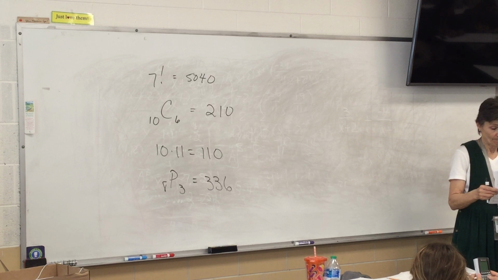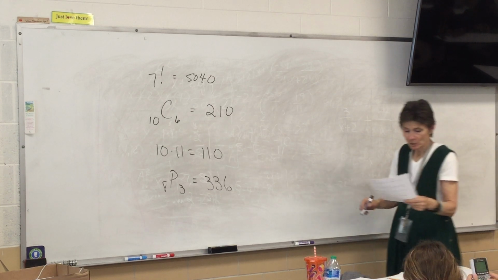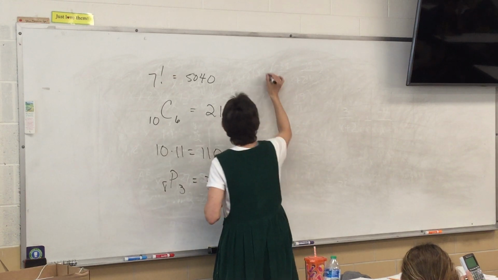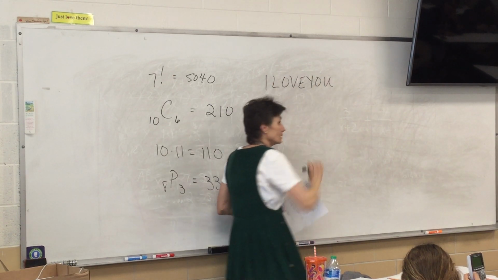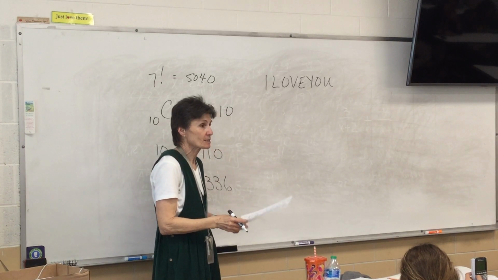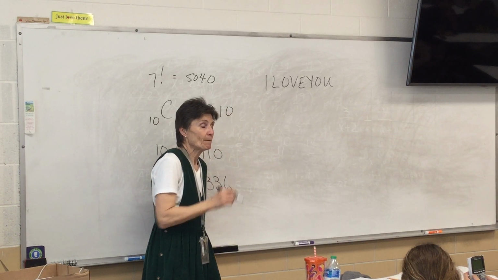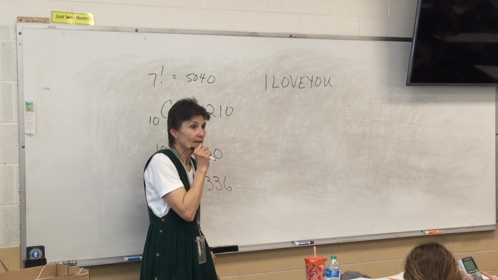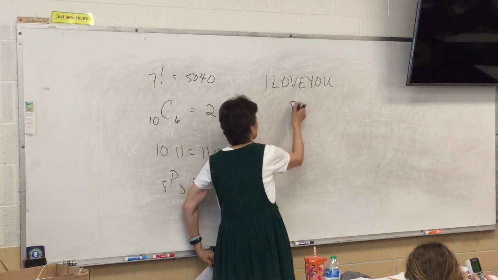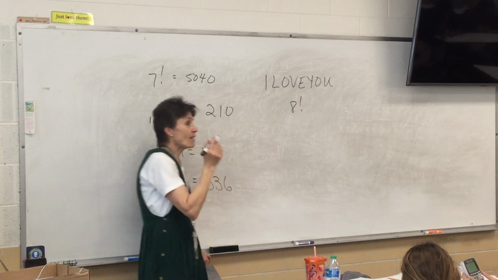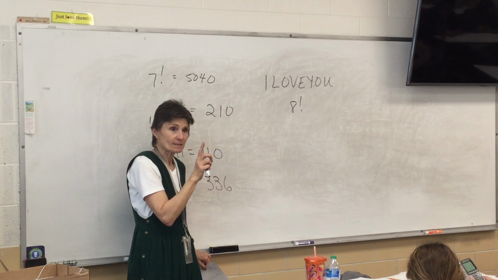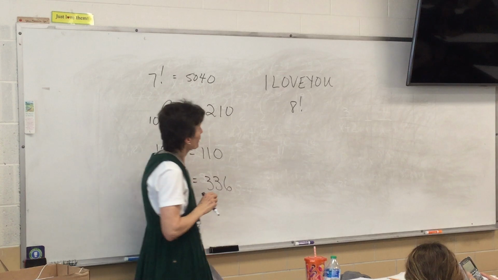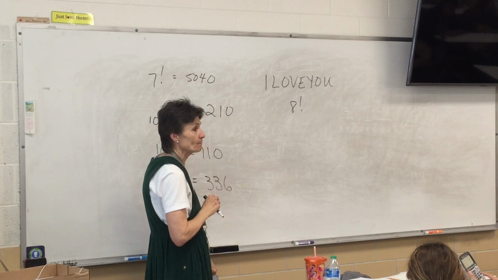How many ways can you arrange the letters of I love you? All right, who remembers how we do this? How many letters are there? 8. Start with 8 factorial. That will be the answer unless you have repeats. Are there any repeats in there?